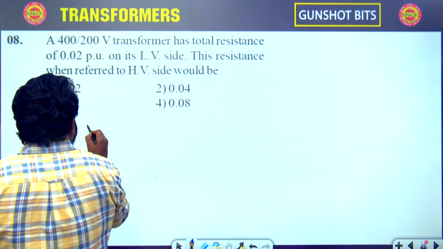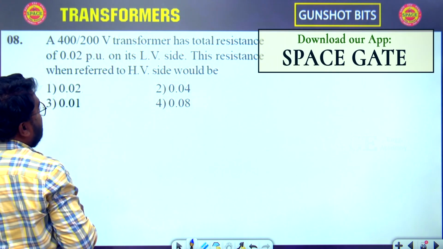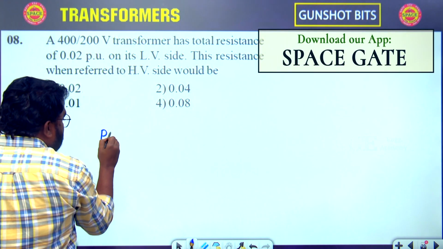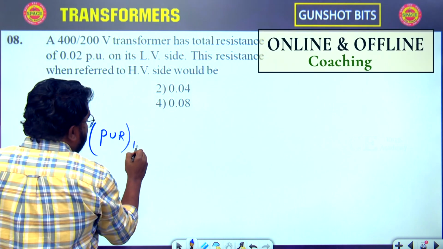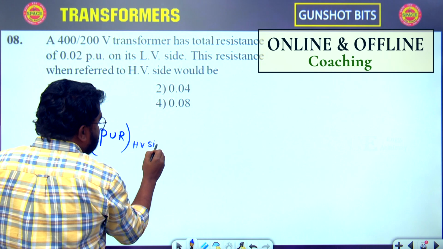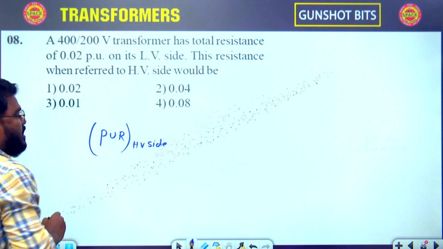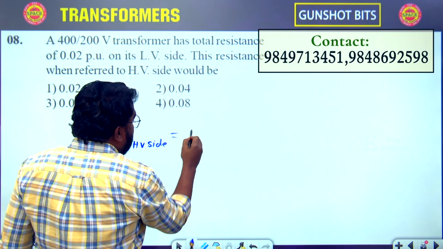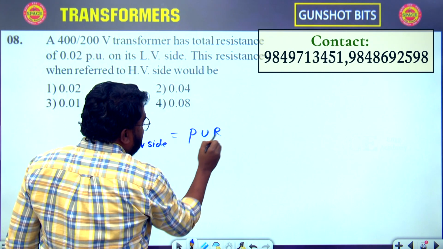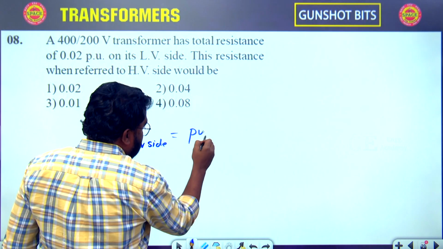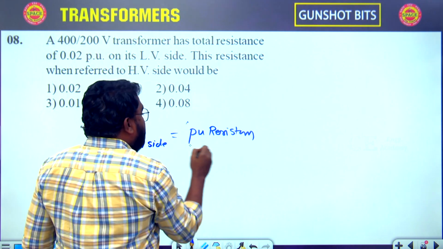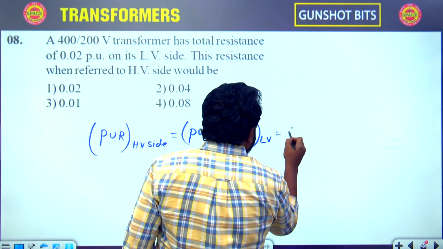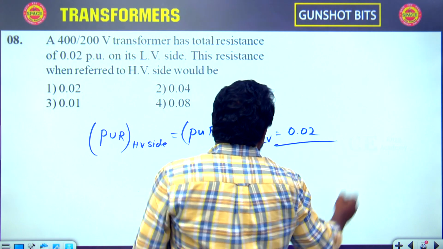Given the transformer rating is 400 by 200 volts. The per unit resistance of the transformer referred to the HV side is equal to the per unit resistance of the transformer referred to the LV side, which is 0.02 only.